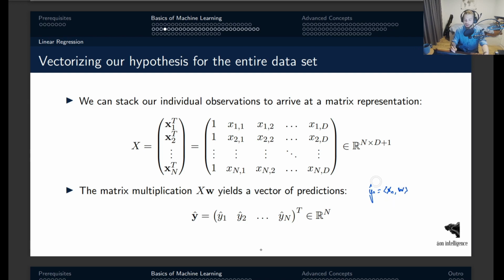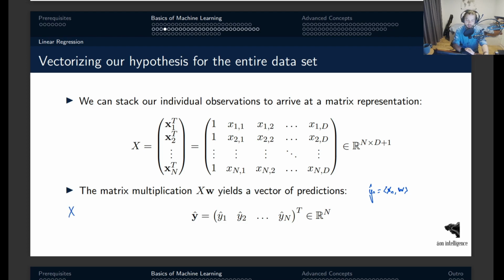And now we want to stack all of these predictions into one column vector. Again, this is a row vector transposed so that I can actually put it on a slide, but this is a column vector containing all our n, capital N, predictions. And we arrive at y hat by multiplying our feature matrix X with the weight vector W.